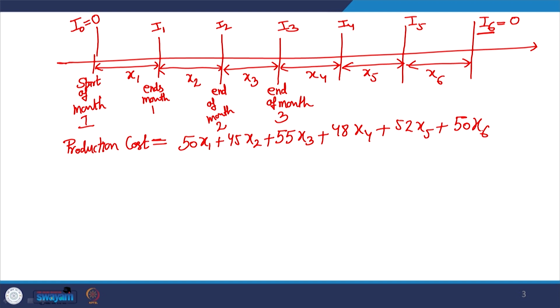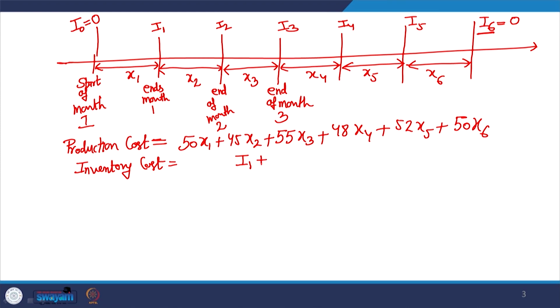So this becomes my total production cost. The second cost I am going to incur is the inventory cost. I am going to pay inventory cost on the end-of-period inventory.